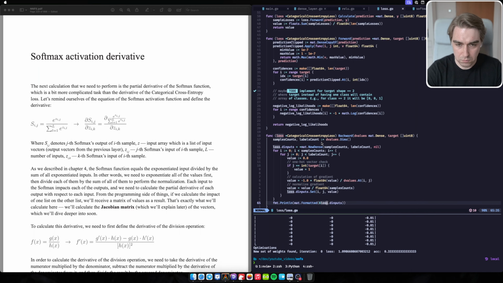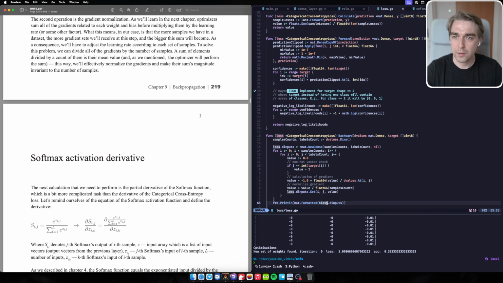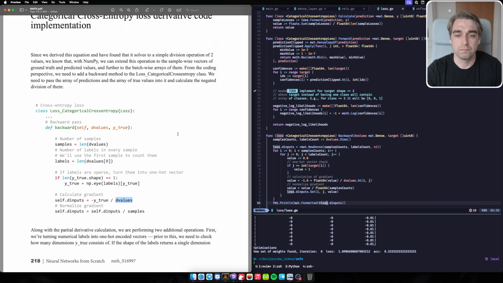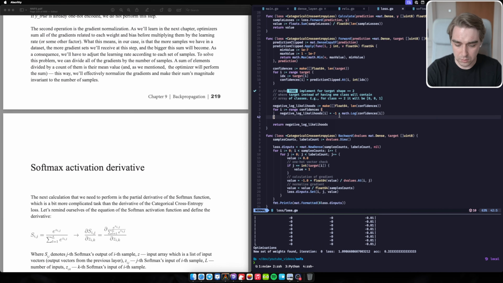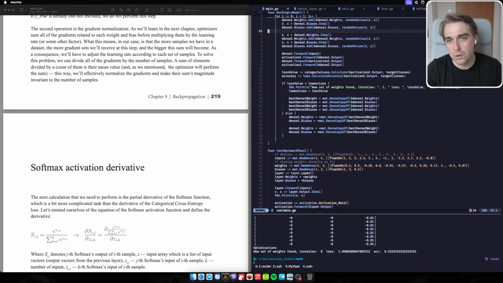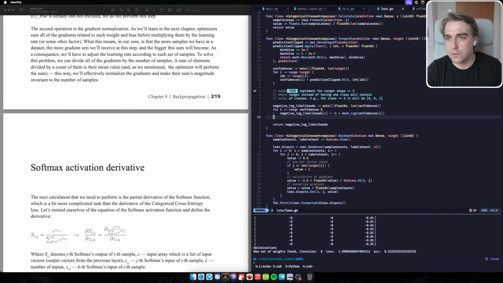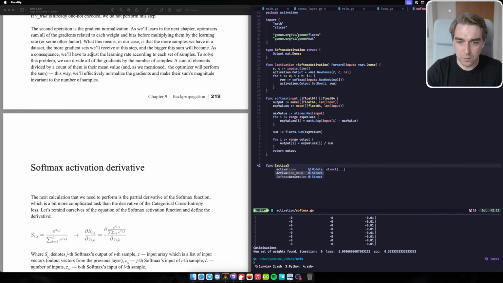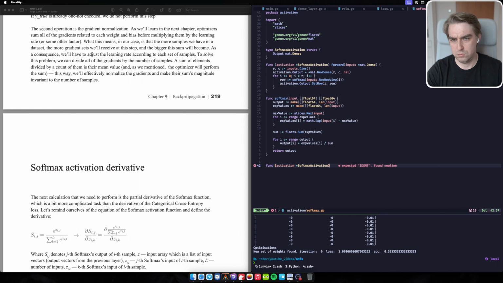So what I did today, I implemented the categorical cross entropy loss, and the next one will be, if we take a look at the main, the one that is missing is actually this one, softmax activation, and backwards.